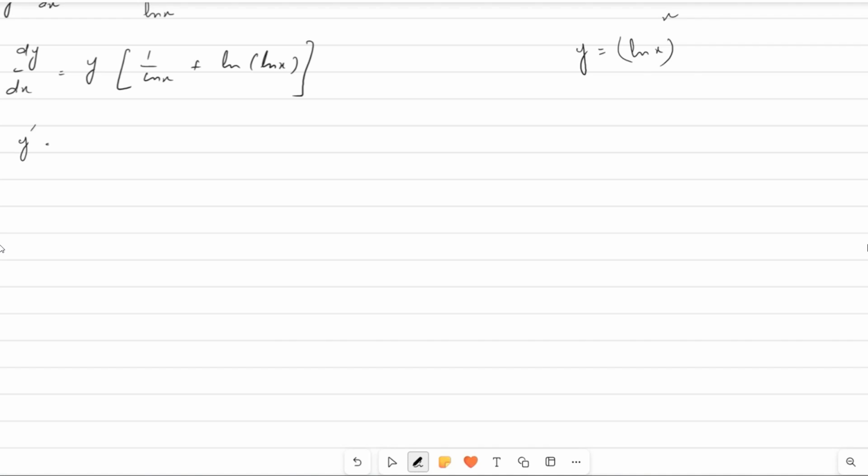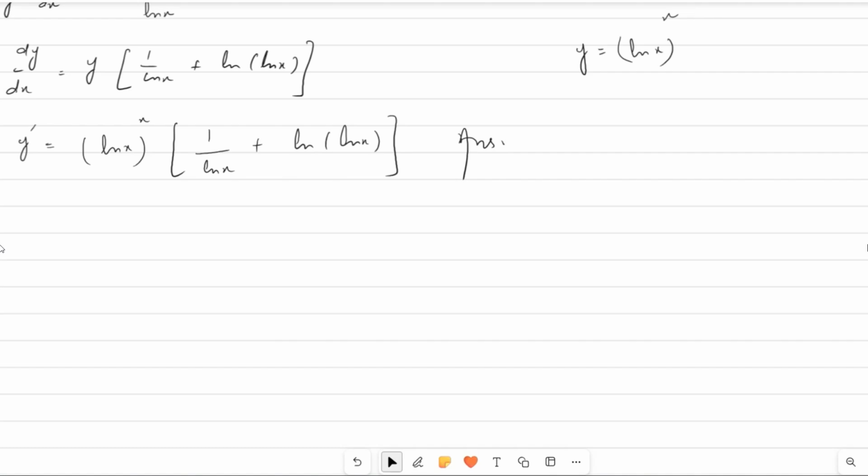So let's substitute the value of y, that is ln x whole raised to the power x, times 1 upon ln x plus ln of ln x, and this would be the answer of this question.